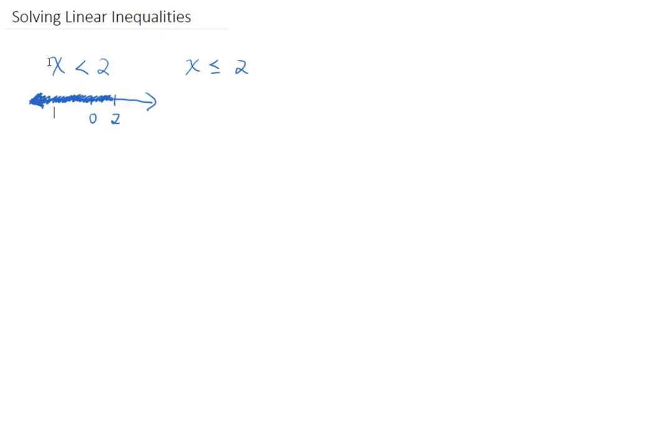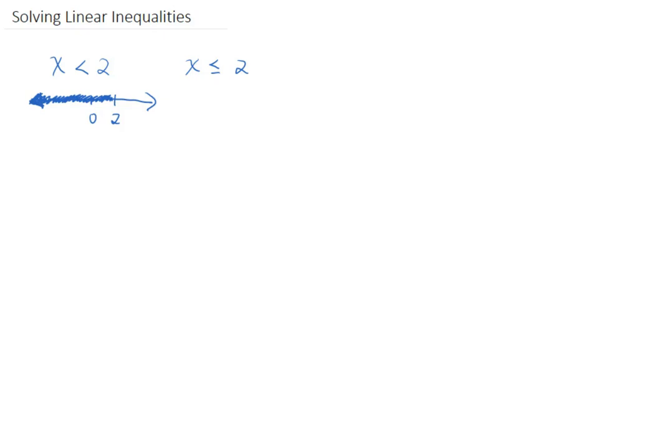Notice I didn't label the graph with an x or anything like that, because x doesn't live in one particular place. So I wouldn't say that this is x. That's nonsense. x is all the values in the shaded region that I gave.